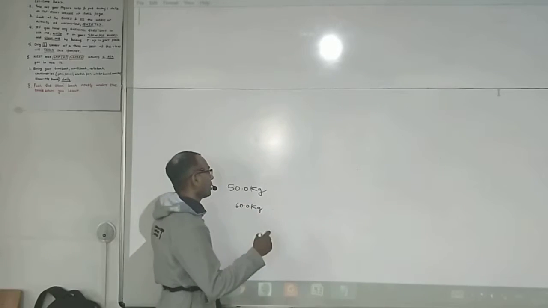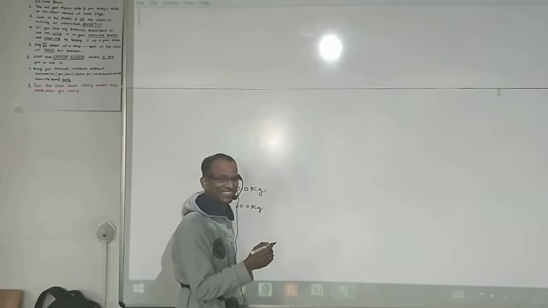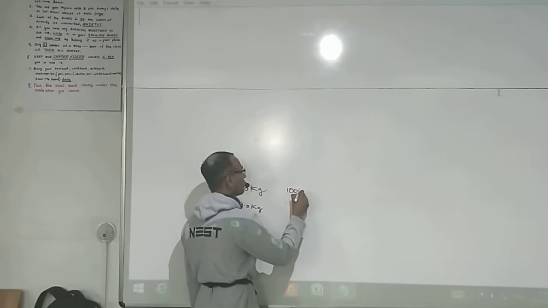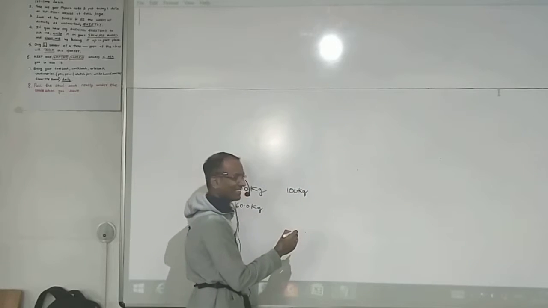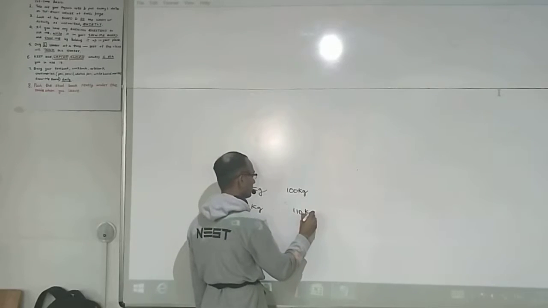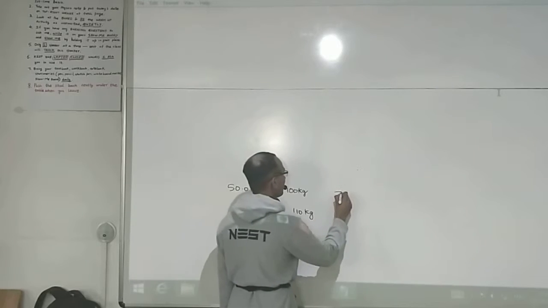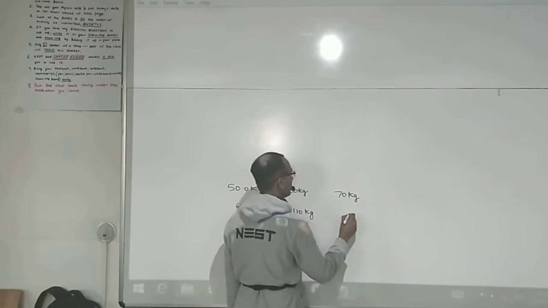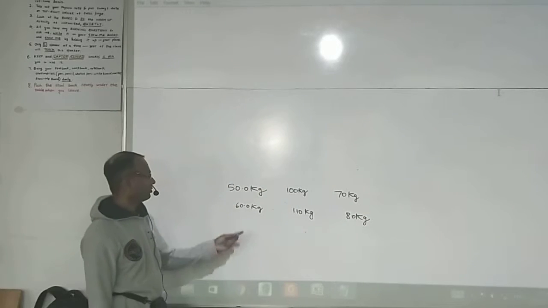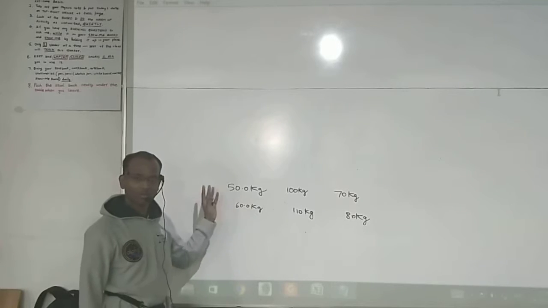Now let us say Arnav's mass is 80, and this instrument says 110 kg. Suppose someone else is 70 kg, and this instrument says 80 kg. So would you get fed up and say, what a useless weighing machine, it always gives wrong measurements, and throw it away?